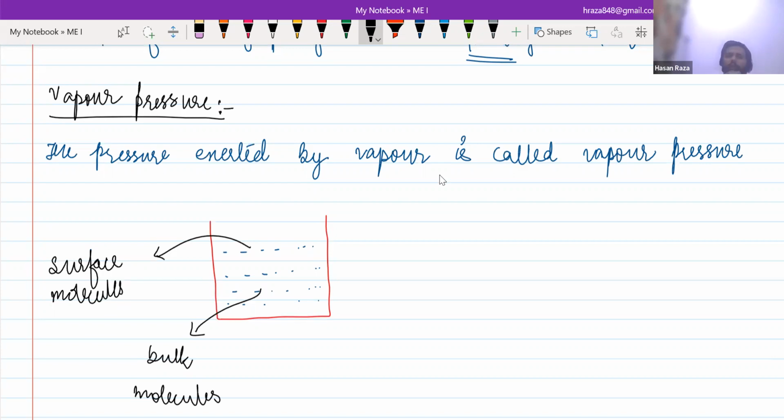Now you are going to give heat to this, that means you are boiling it. After some time, if this is water, it will start boiling, or start converting from liquid to vapor. Are you getting my point?